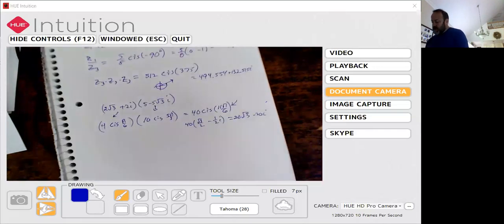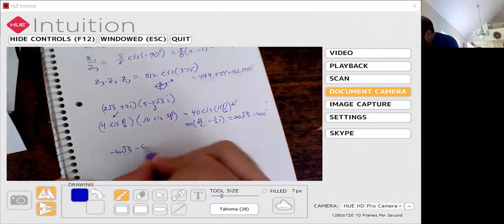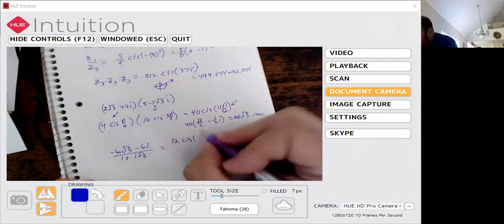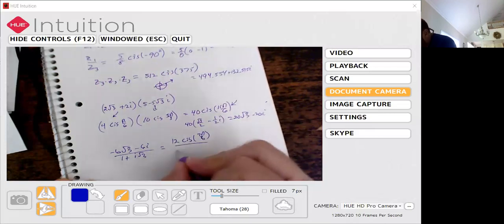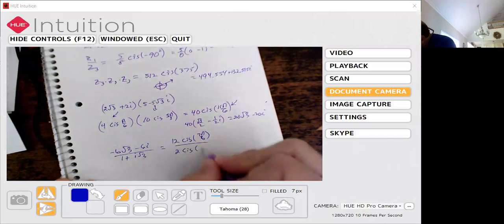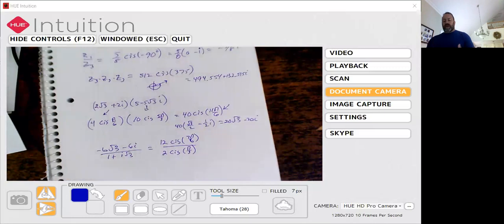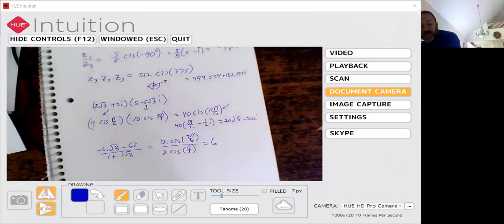And in a similar stroke of luck, when we take a look at the one where we did the division, negative 6 root 3 minus 6i, and we divided it by 1 plus i root 3, we could turn this one into 12 cis 7 pi over 6, and we could turn this into 2 cis pi over 3. Again, it does take a little legwork to convert into trigonometric form, but now that we're there, 12 divided by 2, of course, is 6.